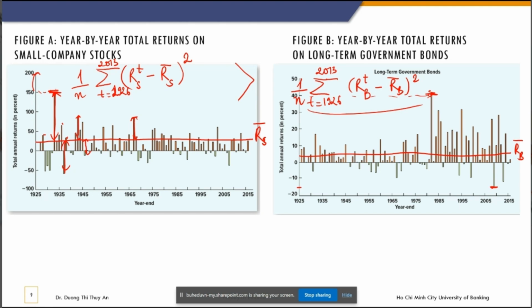By doing so, I measure the average distance of the return of a financial asset from its average value. The larger the deviation from the average value, the riskier that financial asset is.